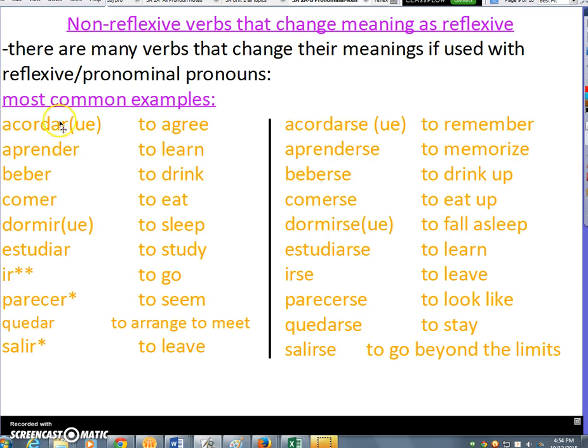If we take any of these verbs that we should already know, except for maybe a couple, like to learn, to drink, to eat, to sleep, and we make them reflexive or use them with me, te, nos, se, they change their meaning. And we need to be aware of which ones do that. So again, here are some more verbs that we need to be studying to do well in the upcoming unit.